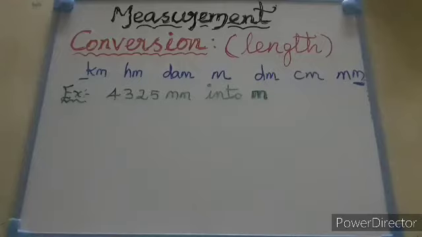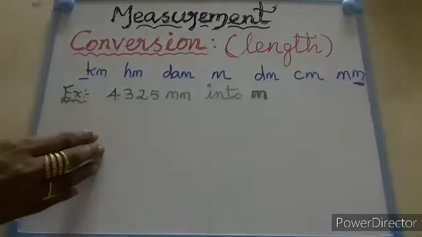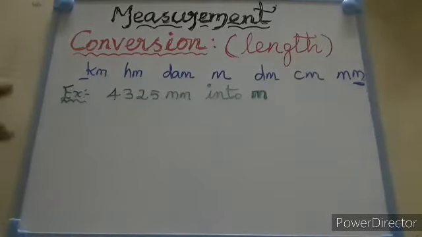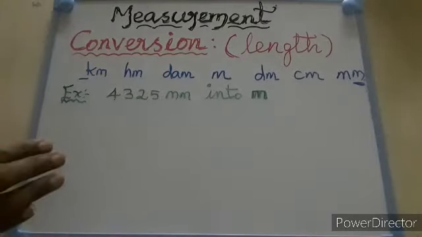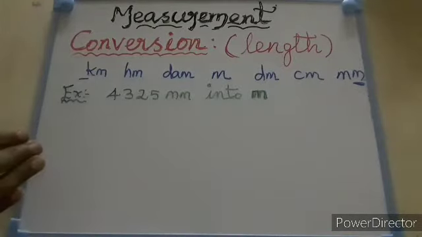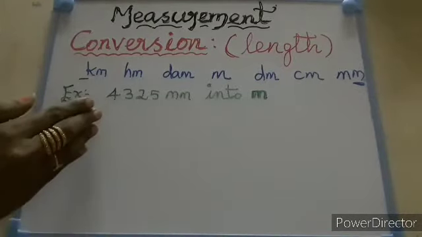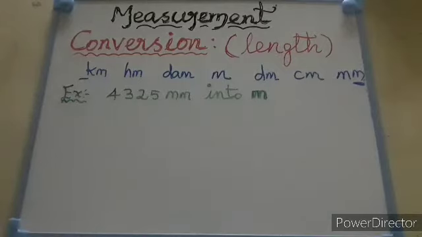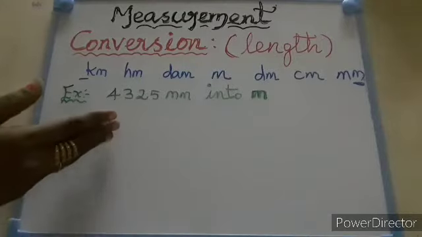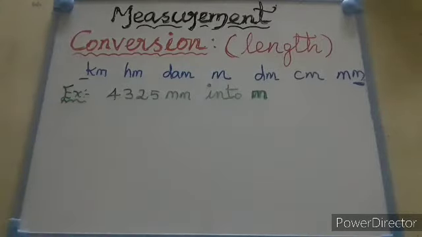Before you convert the numbers, first you should know these units very thoroughly: millimeter, centimeter, decimeter, meter, decameter, hectometer, kilometer. Keep these units in your mind, and then you can do this very easily. I will teach you the easiest method, you can do it within a second.